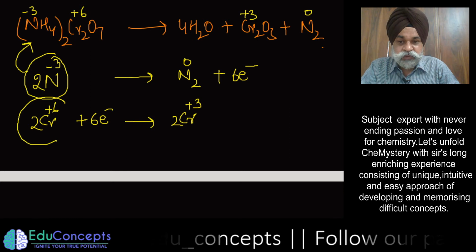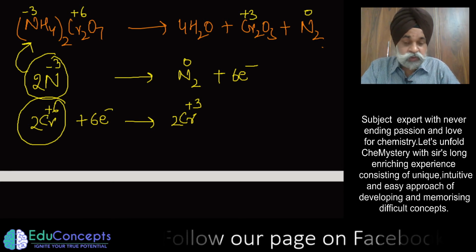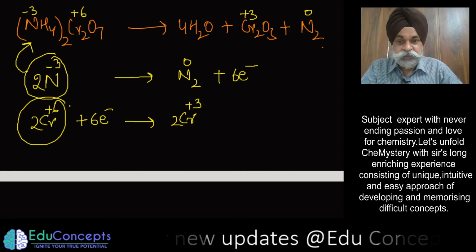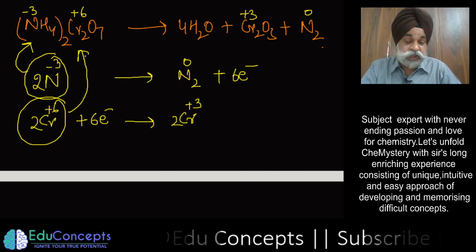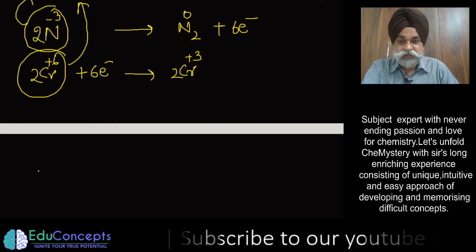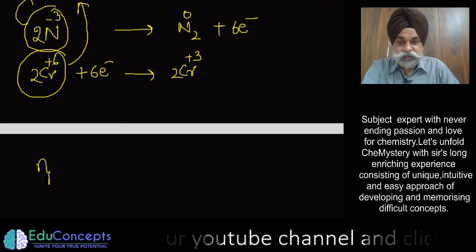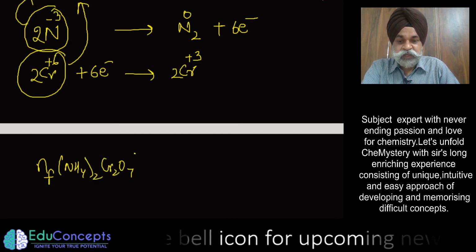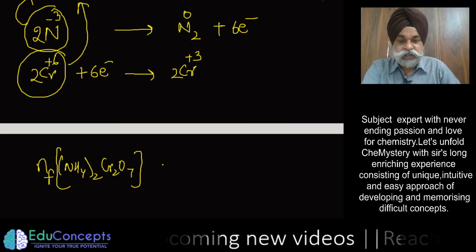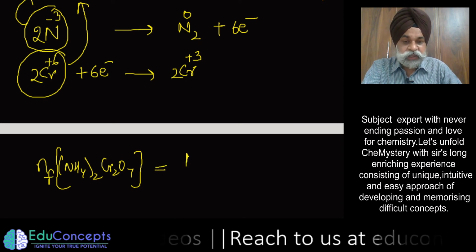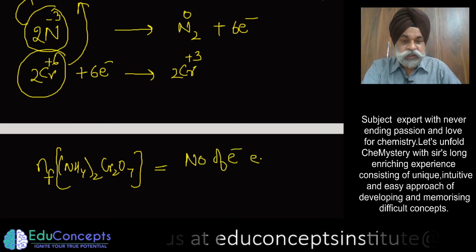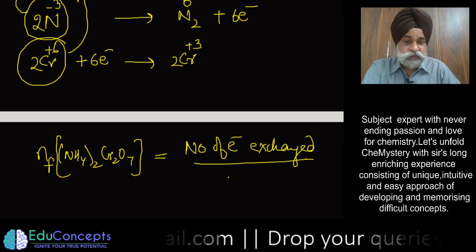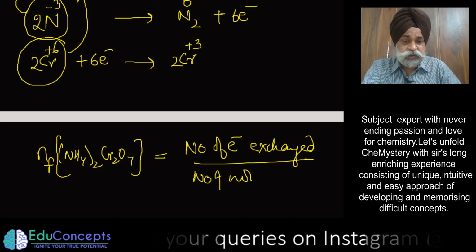So this 2 chromium atom, chromium in +6 oxidation state, is also in 1 mole of ammonium dichromate. So if we are interested in finding the N factor of ammonium dichromate in this case, this would be the number of electrons exchanged upon the number of moles taken.